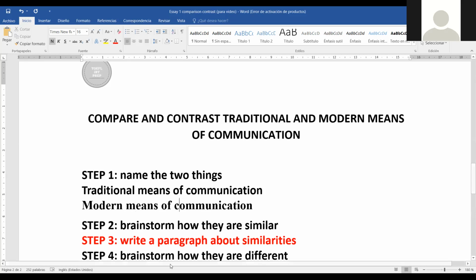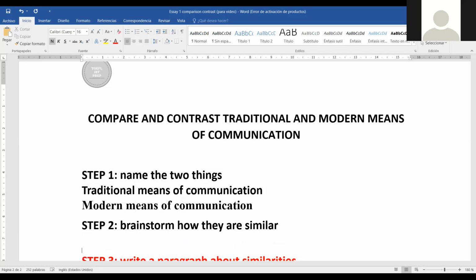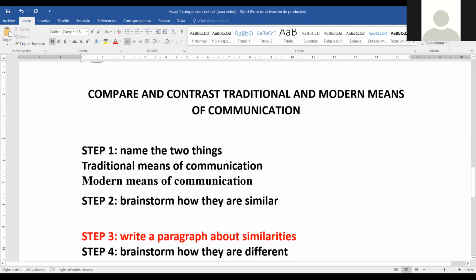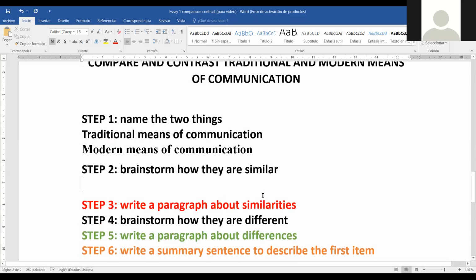In step 2, it says brainstorm how they are similar. Okay, Luis, can you tell me any idea that comes to your mind, how they both are similar? Both are means of communication.